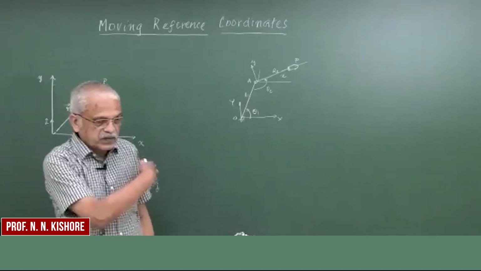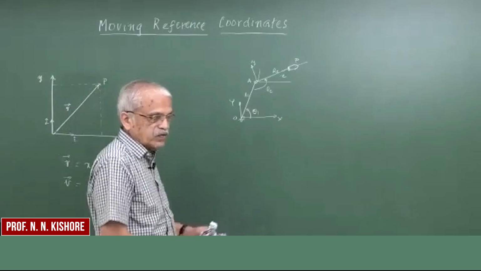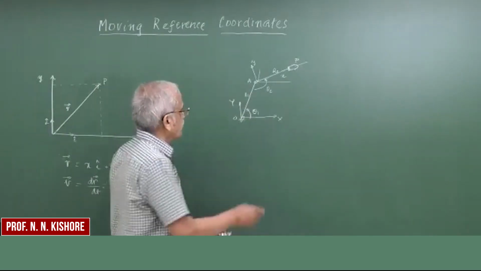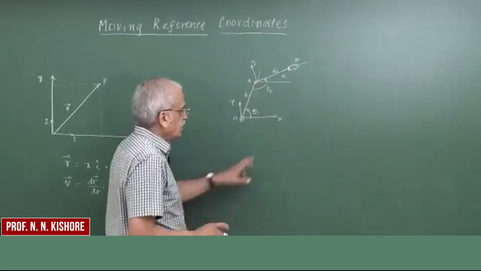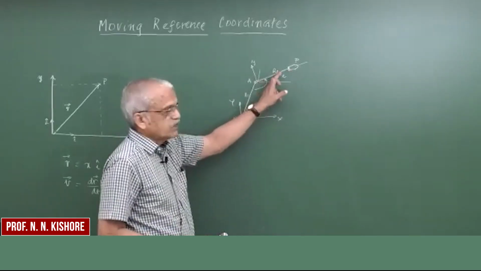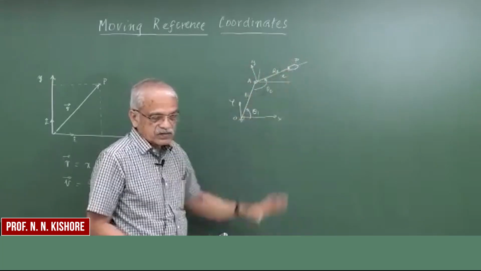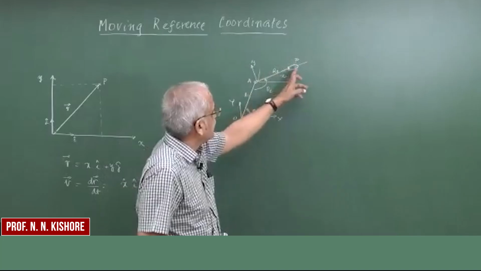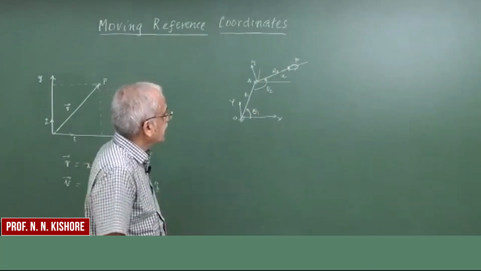So for that, we need to study moving frames. Okay, I hope you have understood. So this is a fixed frame, and this frame is fixed to this link, which is rotating as well as translating, while this P itself is moving with respect to that moving link.